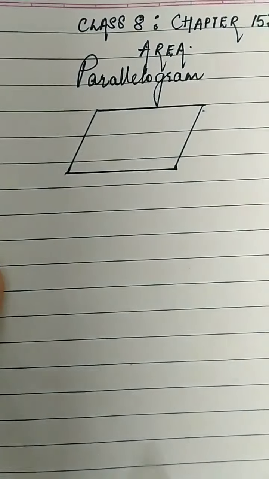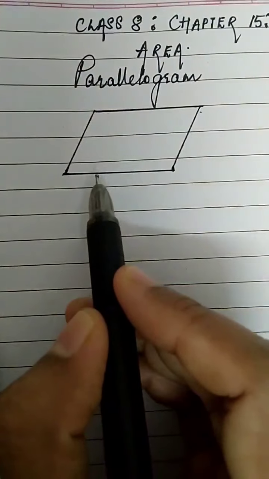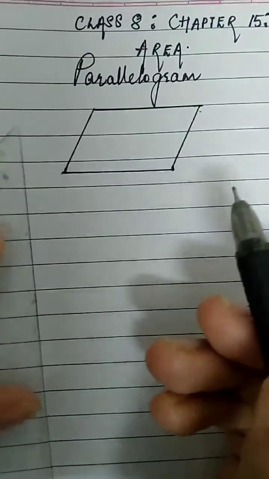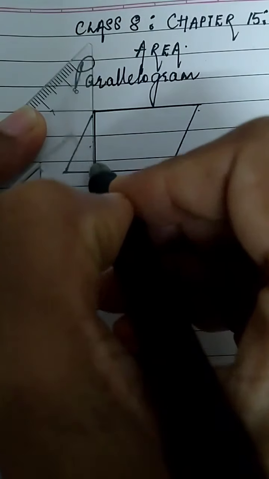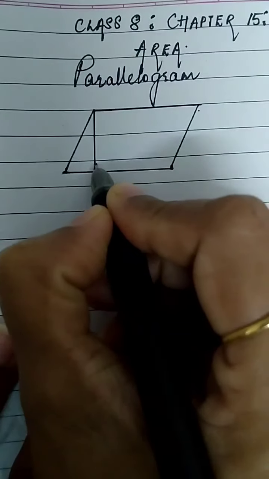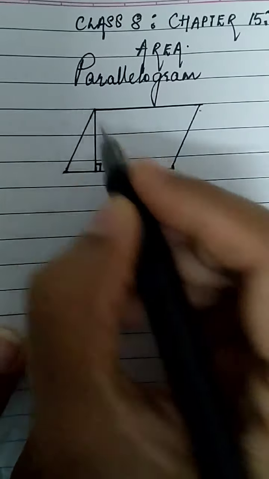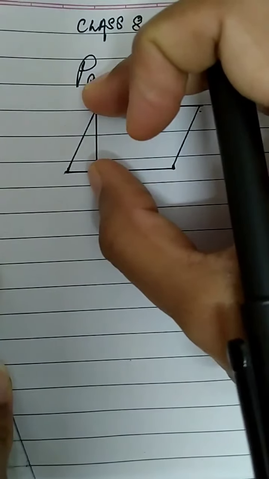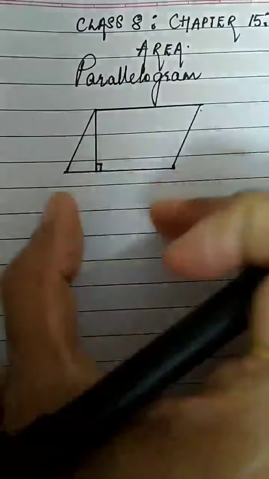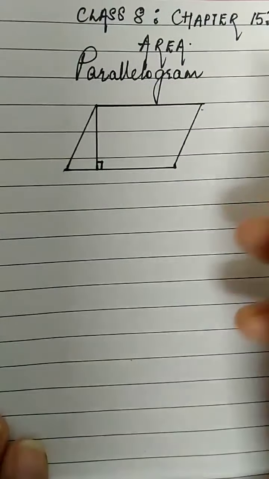Height is always perpendicular, right? From the base, we measure the height. So, I have to draw a height of parallelogram here this way. This is the perpendicular from the base and this part is called as the height. This is the height of the parallelogram and this whole thing is the base of the parallelogram.